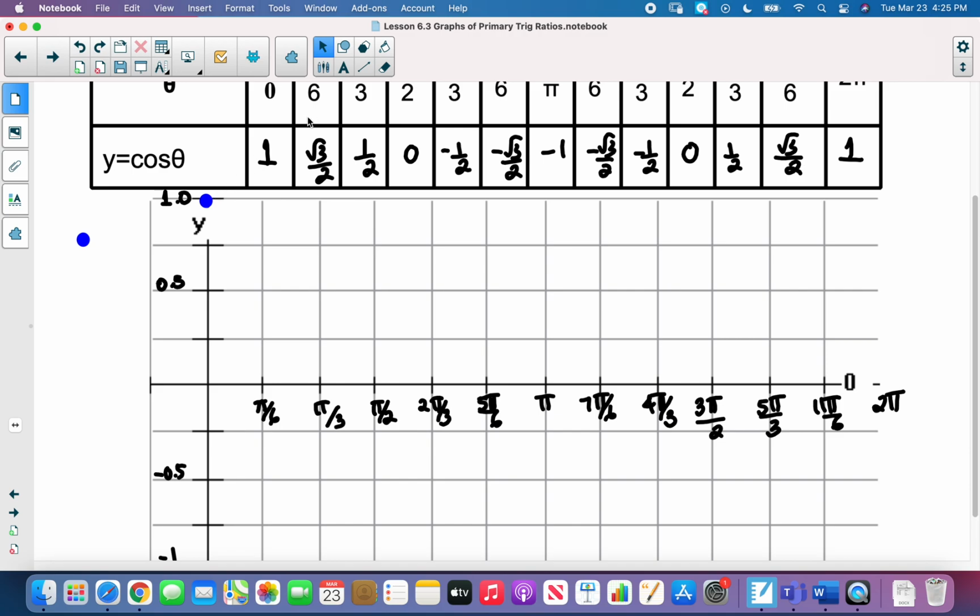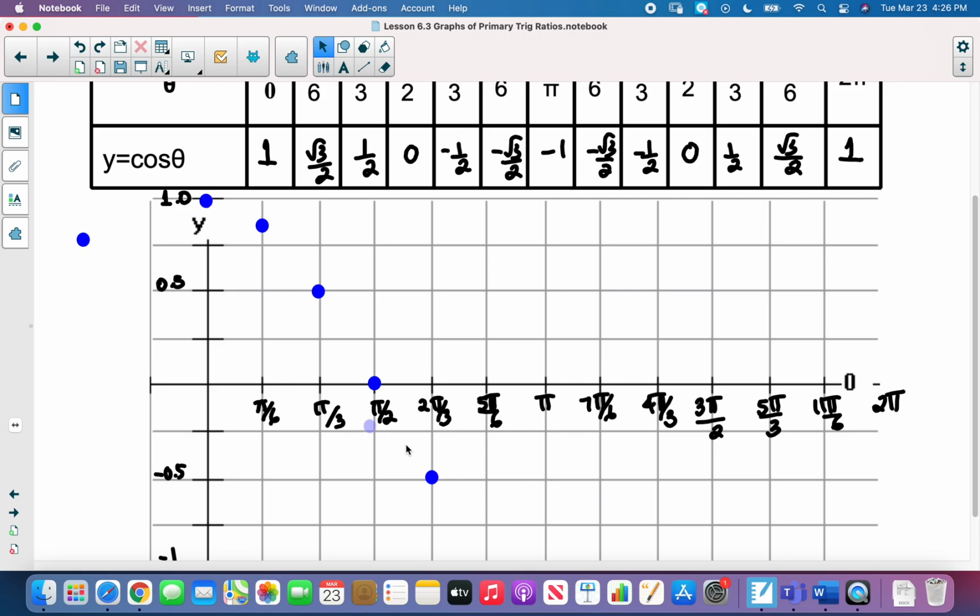Cos of pi over 6 is root 3 over 2. Cos of 60 is half, it should be right here. Cos of 90 is 0. So we come all the way down here. And then the next one is going to be down here, negative 0.5.